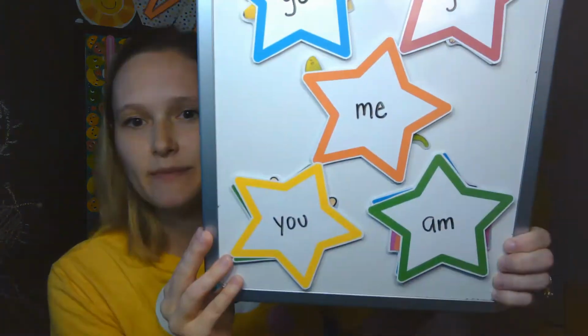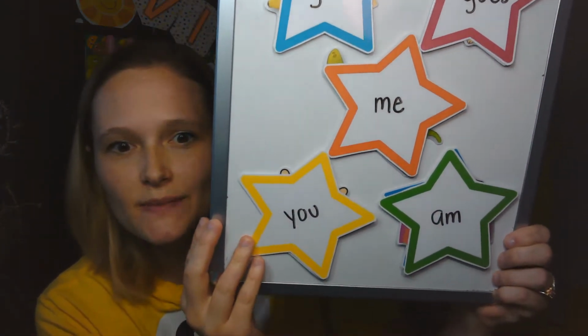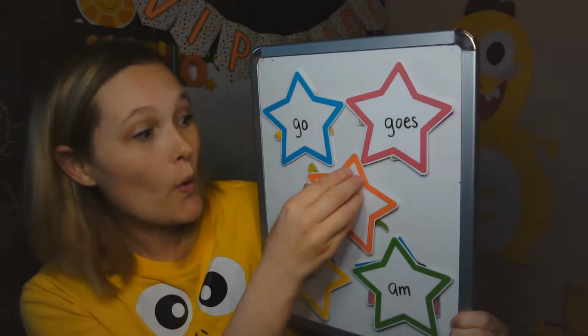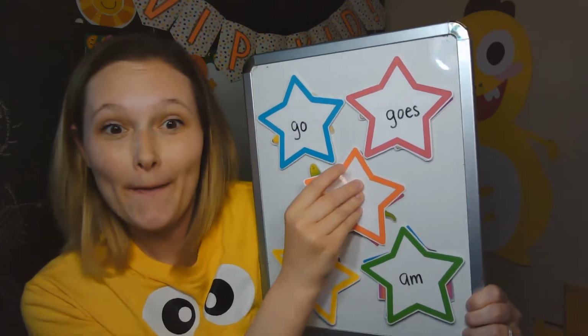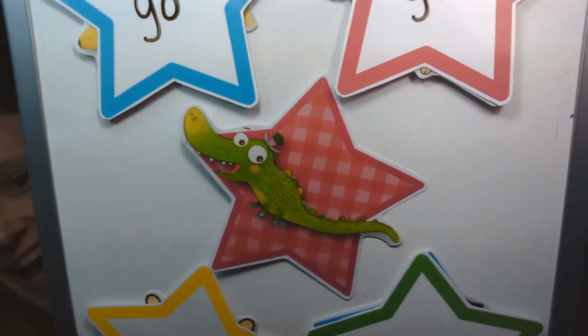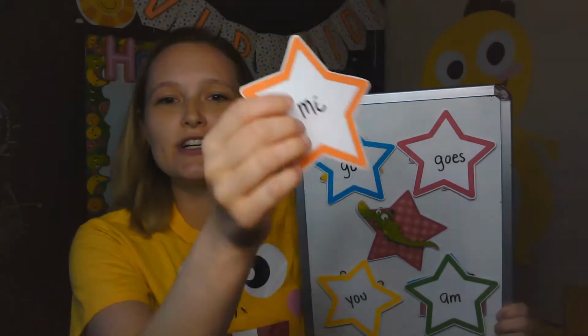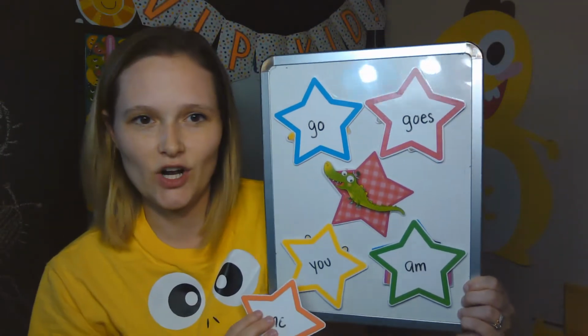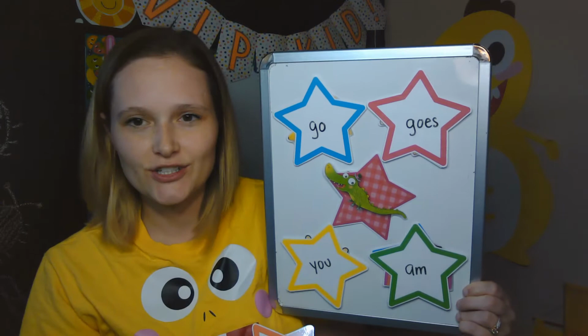And you can still have them guess, like, what do you think is behind? I think it's a crocodile. Oh, he has a hat. Da-da-da. So they're saying the word and then finding the star that is underneath.